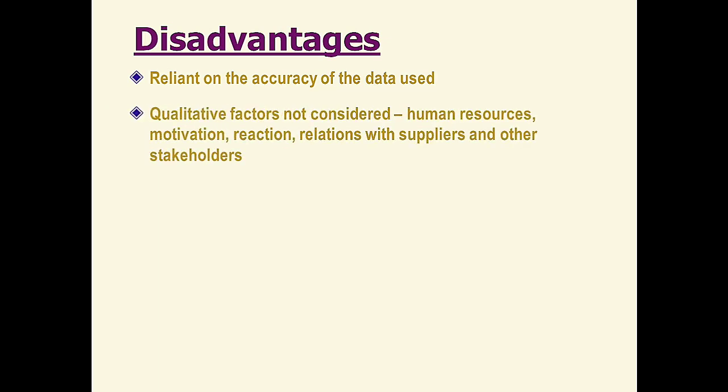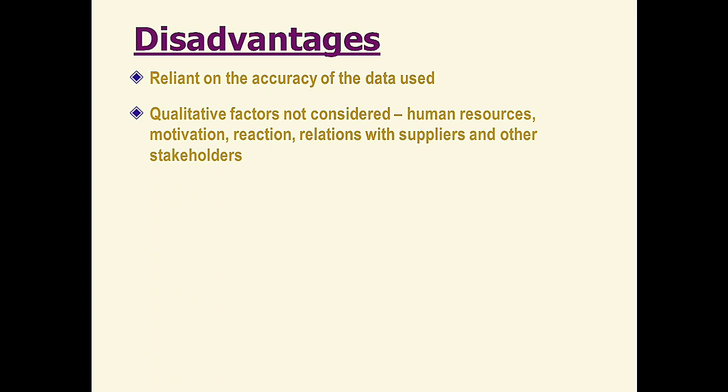Now, what can be the disadvantages of decision trees? Decision trees rely on the accuracy of the data used. The biggest disadvantage is that these probabilities are expected, and expected values can always be different from the actual results.